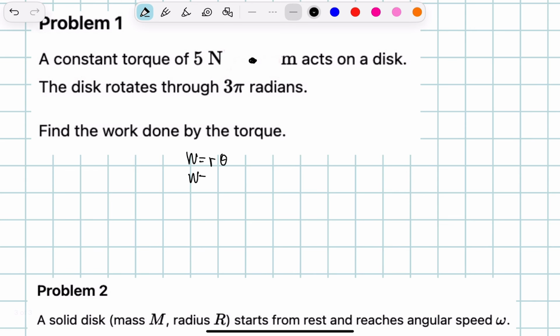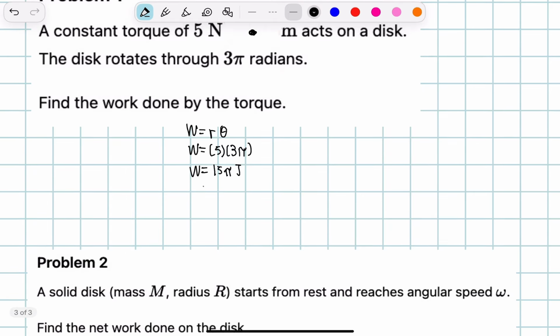So work is going to be 5 times 3 pi, so work will just be 5 pi joules. And remember that the angle must be in radians when you substitute it in here.